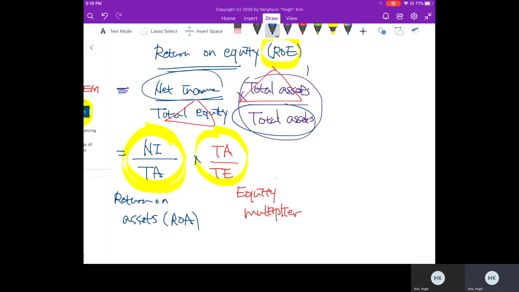So equity multiplier measures total assets to total equity. So if total debt increases, then equity multiplier increases as well. So it measures financial leverage.